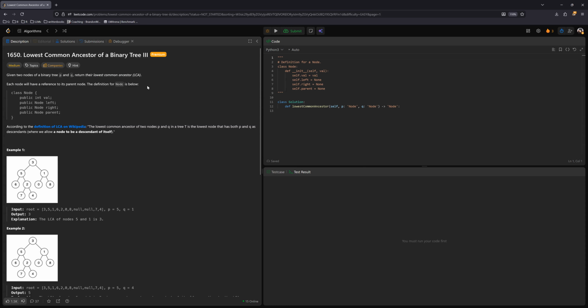The definition for node is below. All right. According to the definition of lowest common ancestor on Wikipedia, the lowest common ancestor of 2 nodes, P and Q, in a tree T is the lowest node that has both P and Q as descendants. The lowest node. Oh, common ancestor. Lowest common ancestor. Okay.